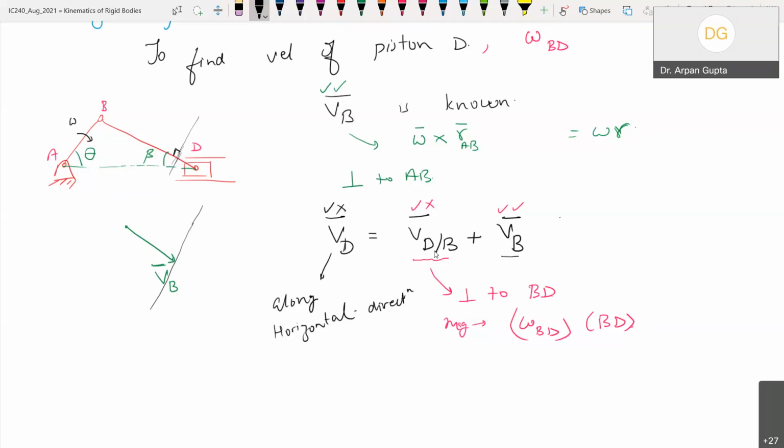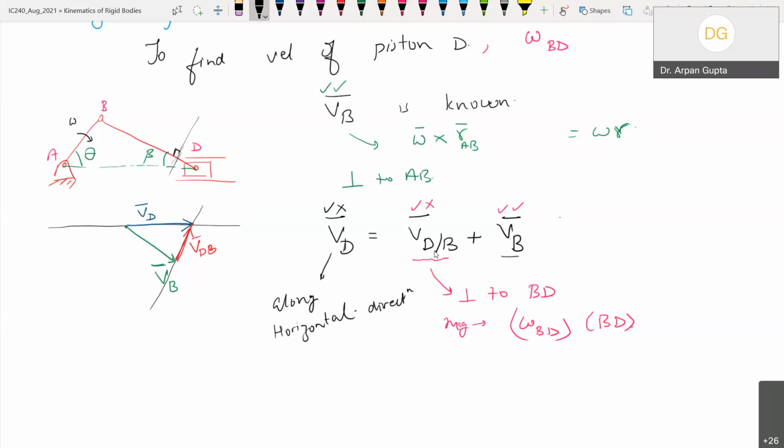So this is the ground point, and it should lead to a vector which is horizontal, and the intersection point is this. Therefore, this is the VD vector, and this is the vector VD with respect to B. And this completes the vector triangle.